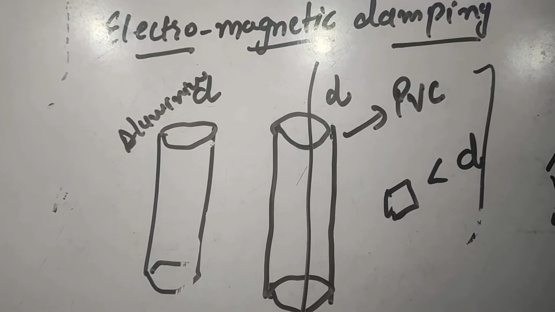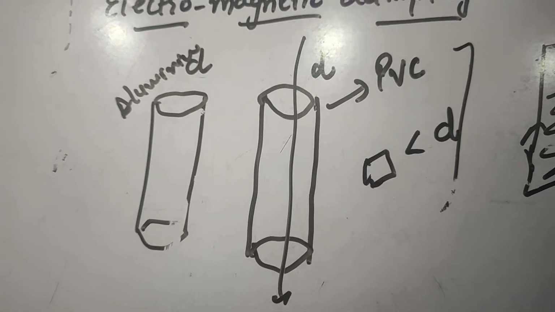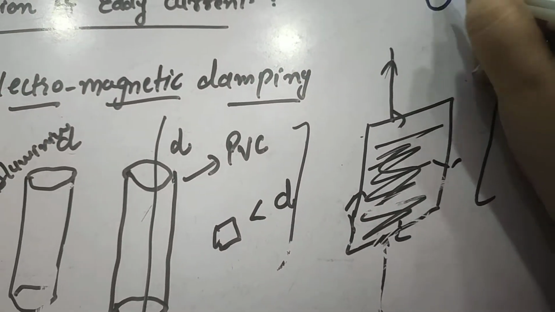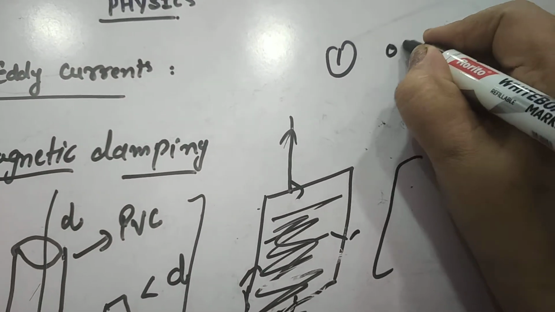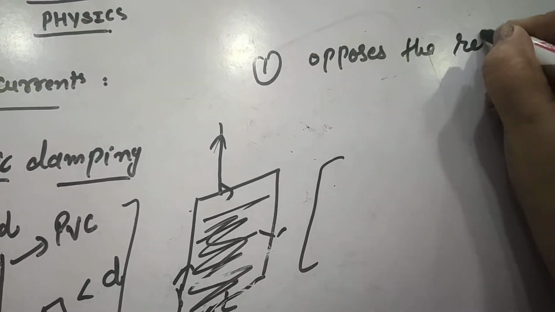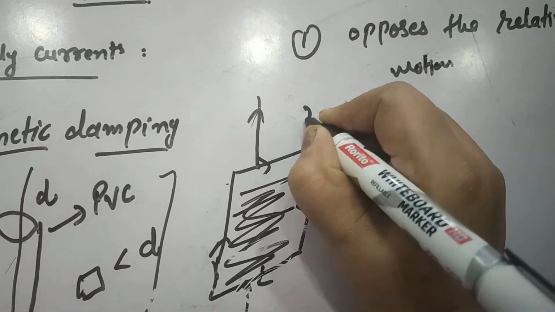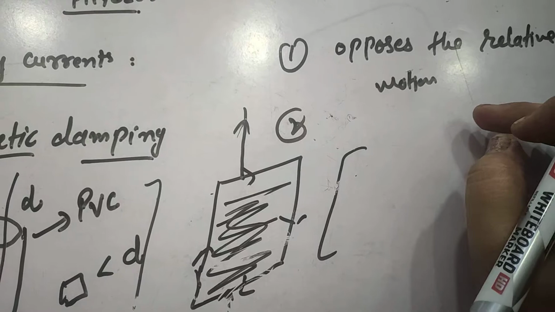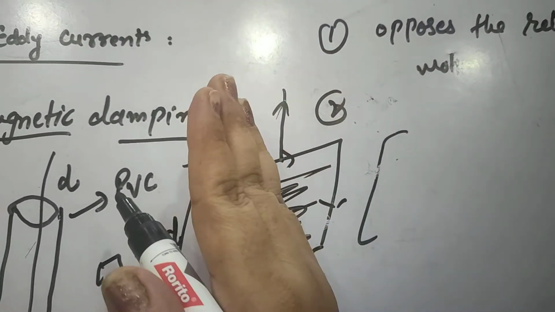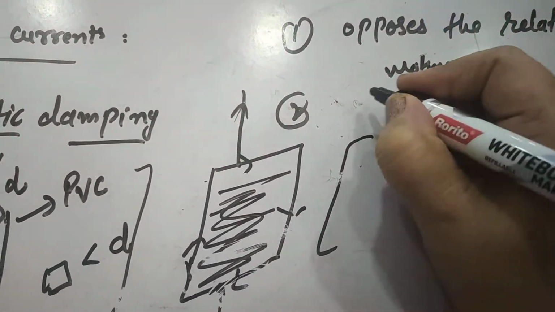As I have already told you, there are pros and cons of everything, so there are some disadvantages of eddy currents also. First, they oppose the relative motion. Naturally, when this frame tends to move in this direction, it will be brought back, so it is opposing its relative motion. Second, they involve loss of energy.